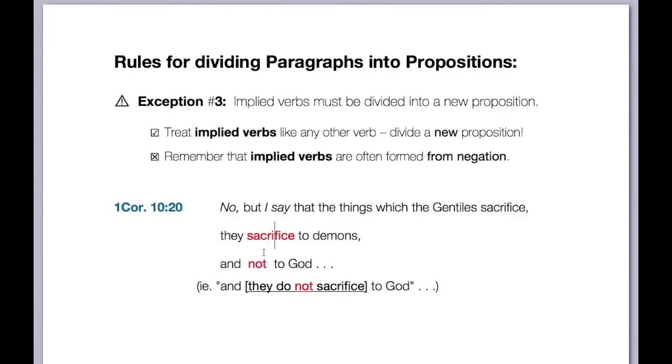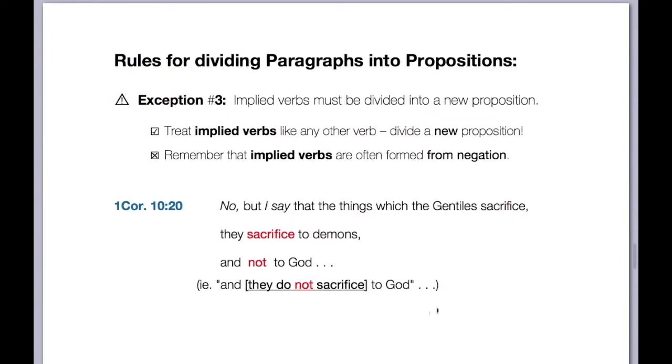But in line 2, there's no verb that jumps right out to me unless I understand that when he says, and not to God, he's really using the implied verb sacrifice from line 1 and saying, they sacrifice to demons, and they do not sacrifice to God. So if I understand there's an implied verb in there, I need to be able to divide that just like any other verb. Easy enough.